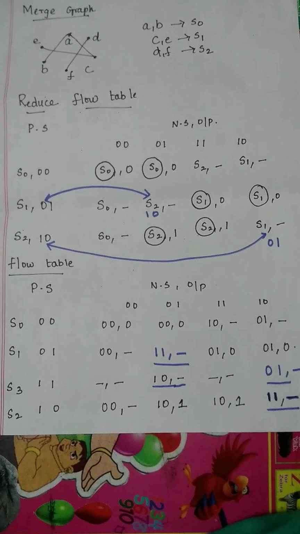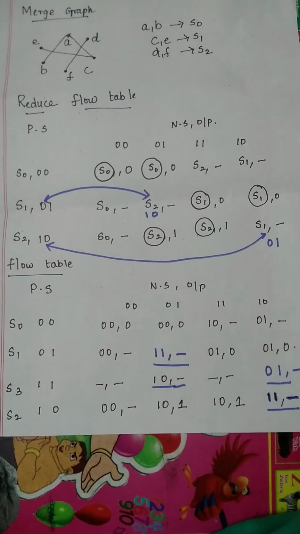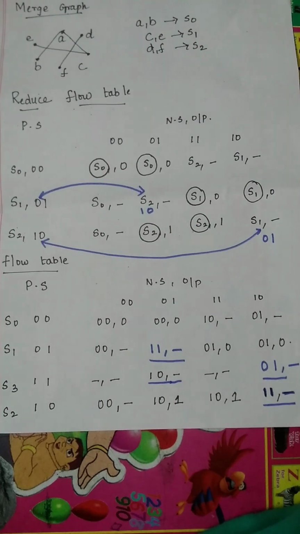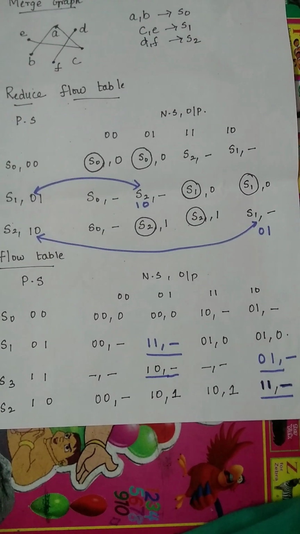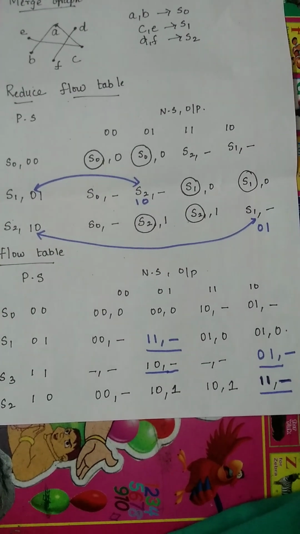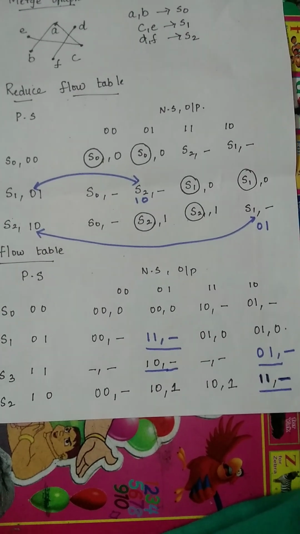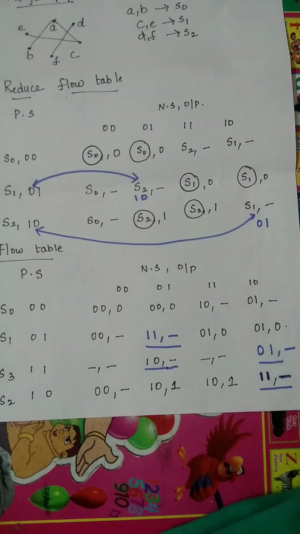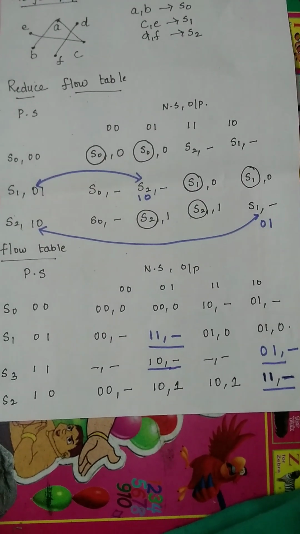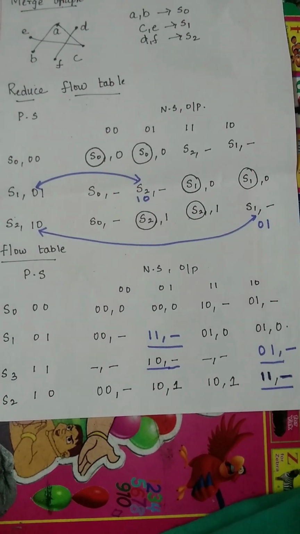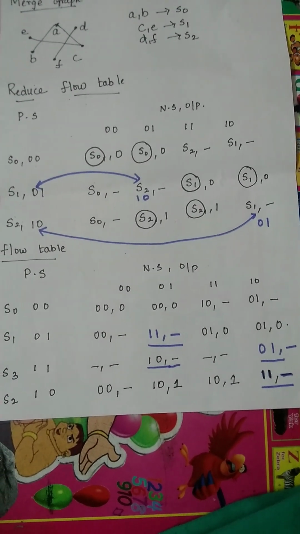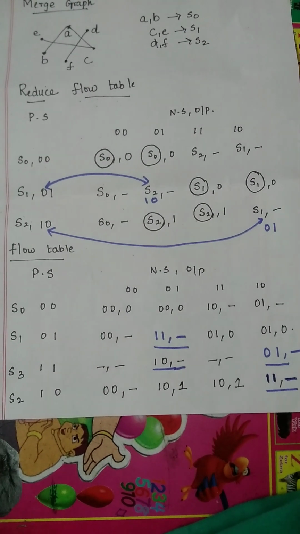If you see the reduced flow table, first you have S0, S0, S2 and S1. There we don't have any issue. If you see 0 1, it is changing to 1 0. S0 means 0 1 can change to 0 0 or else 1 1, but it can't change to 1 0 state, right?